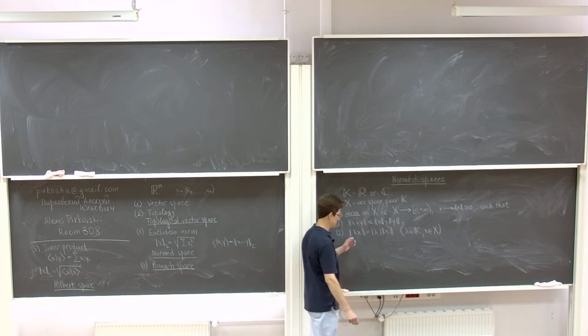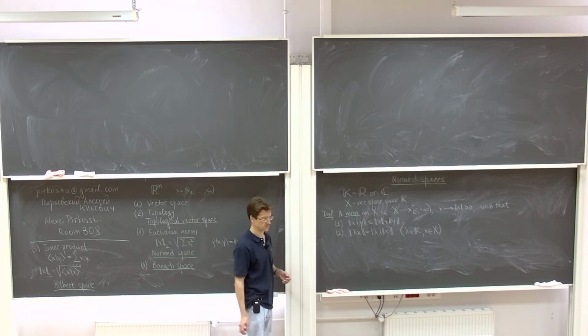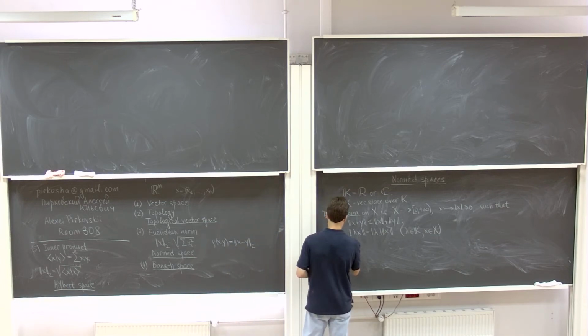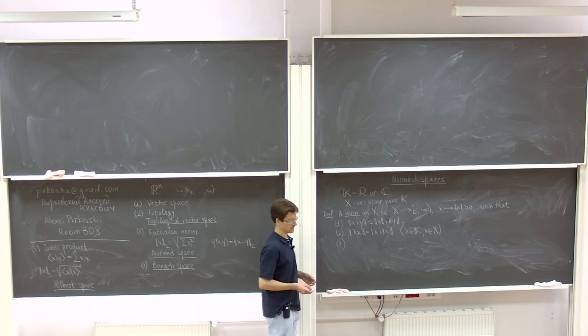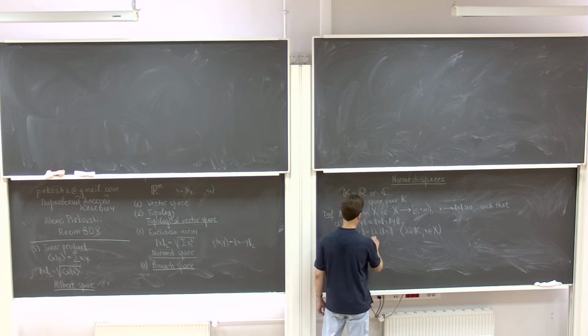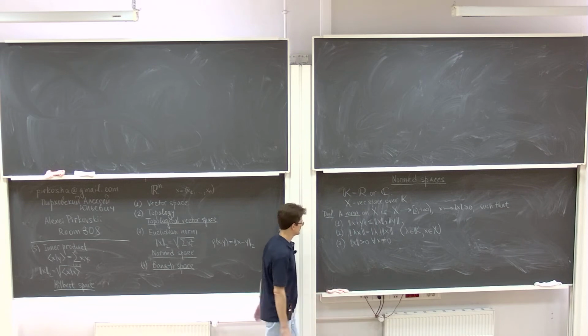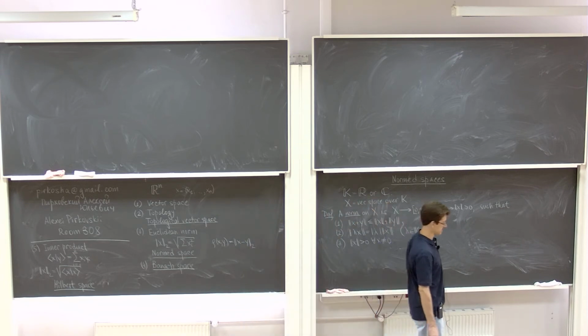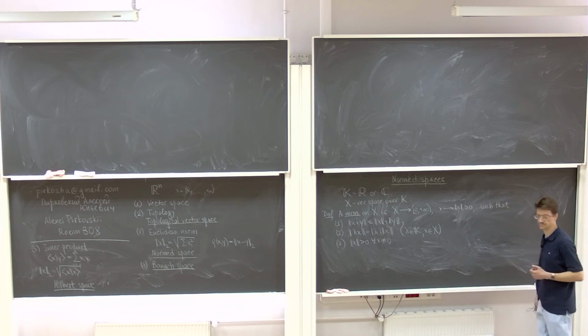In particular, this formula easily implies that the norm of the zero vector is 0. And axiom 3 says that the norm of any non-zero vector is strictly positive. So if these properties hold, then we say that this function is a norm.